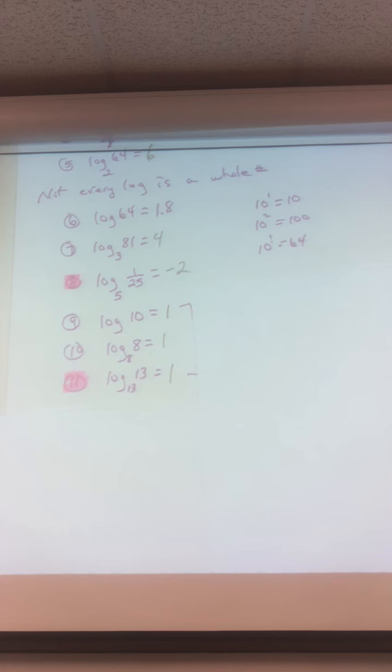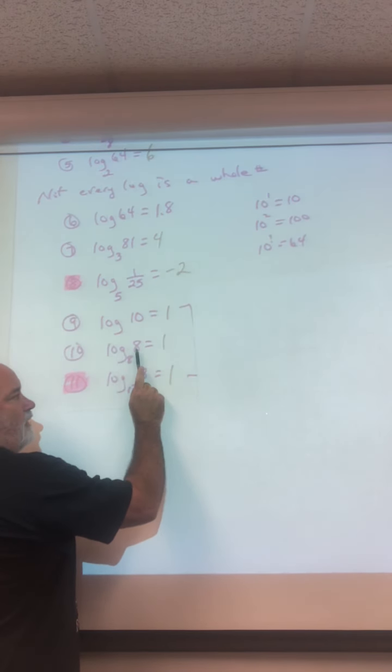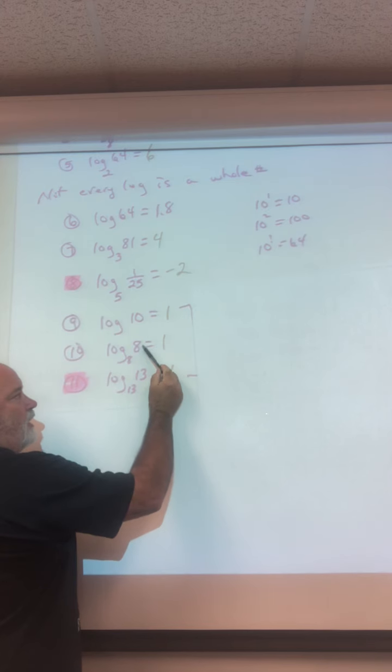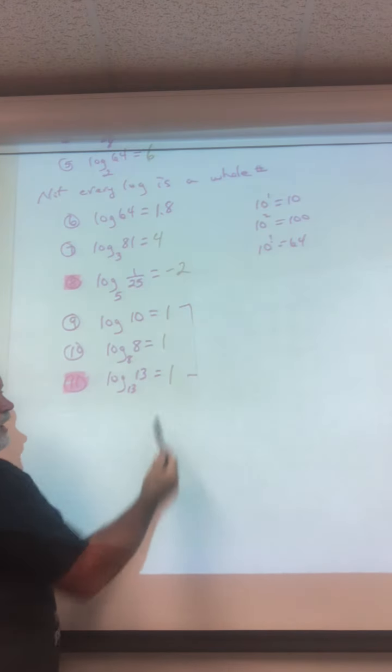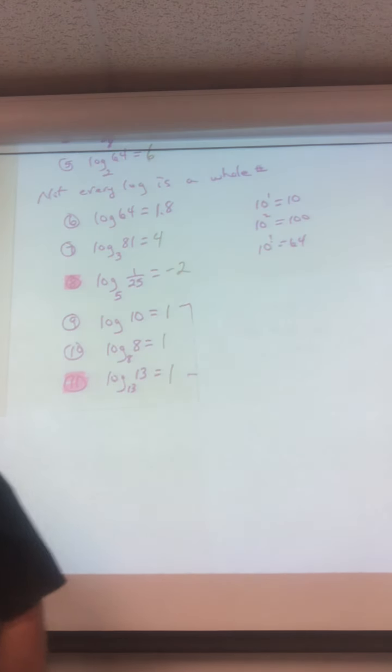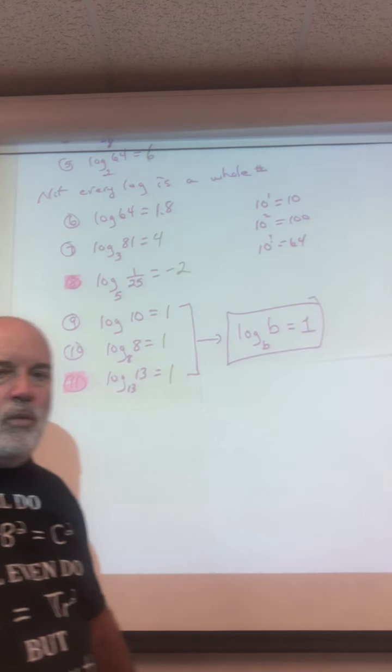This leads us to a definition, and it's simply this. Whenever you're taking the log of a number, if your argument and your base is the same number, the answer is always going to be what? 1. So, write this definition right here now. The log of b, base b, equals 1.